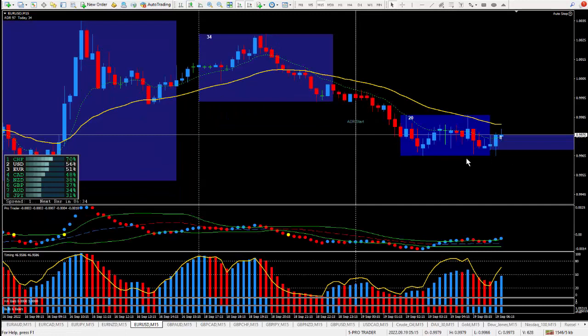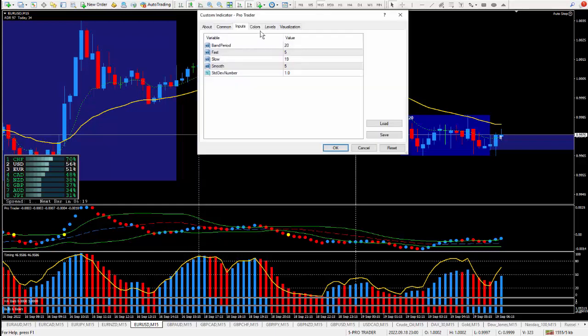I just pulled up another system that I have here, which by the way I'm introducing as a new system. It's called the Pro Trader, and it has a combination of both the Bollinger Bands, which is right here, with the bands set at 20, and as you can clearly see these two green lines, you can see that it's Bollinger Bands, and these dots right here are the MACD.